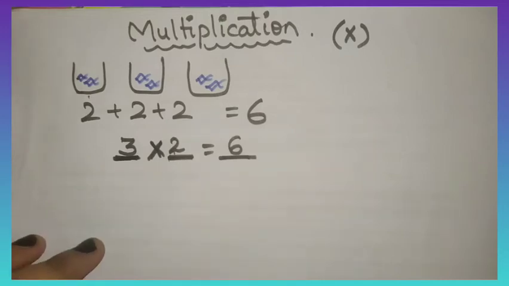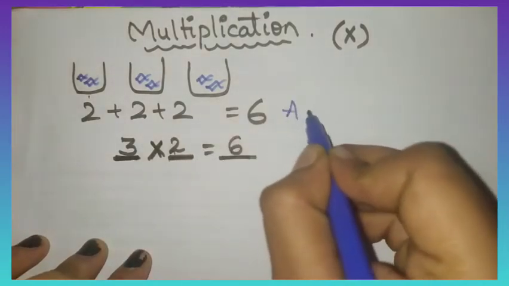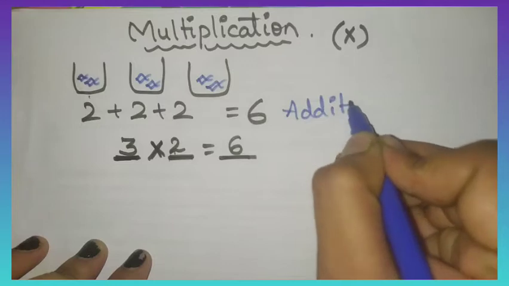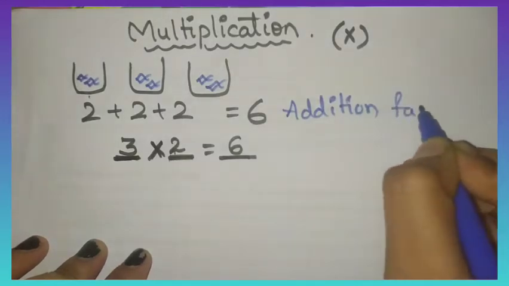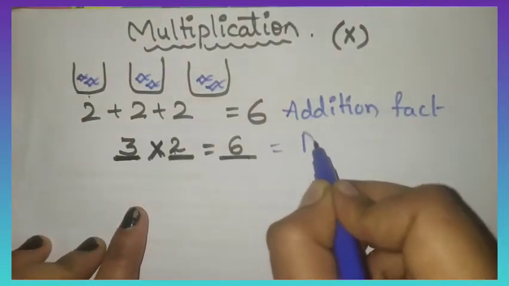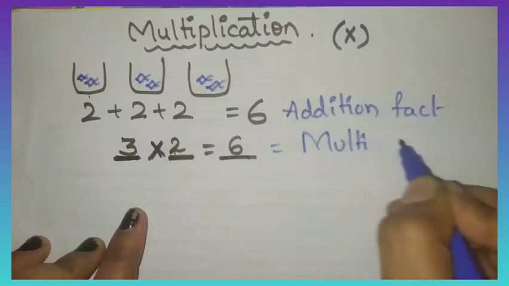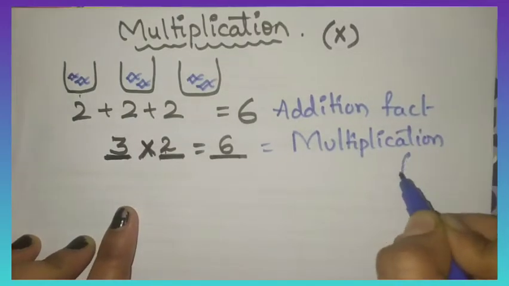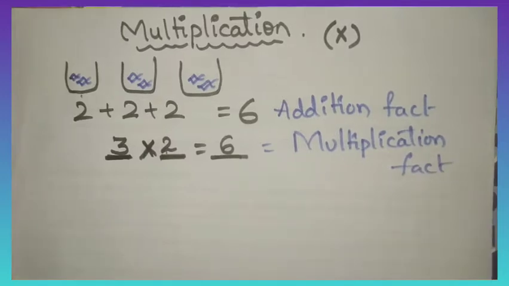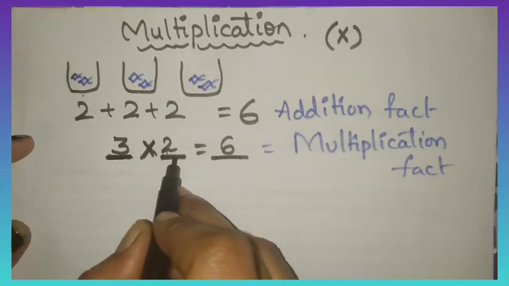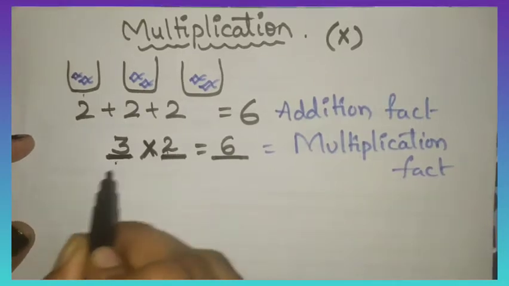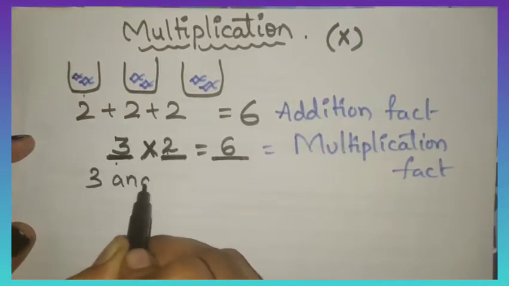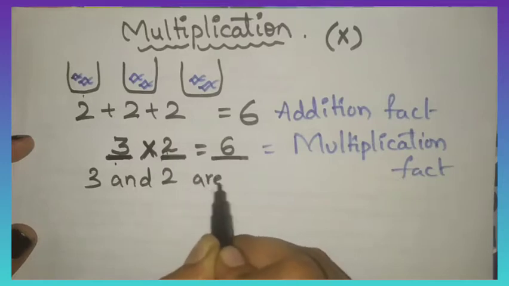Look here, children, we call this the addition fact, and this is the multiplication fact. In this multiplication fact, these 3 and 2 are called factors.